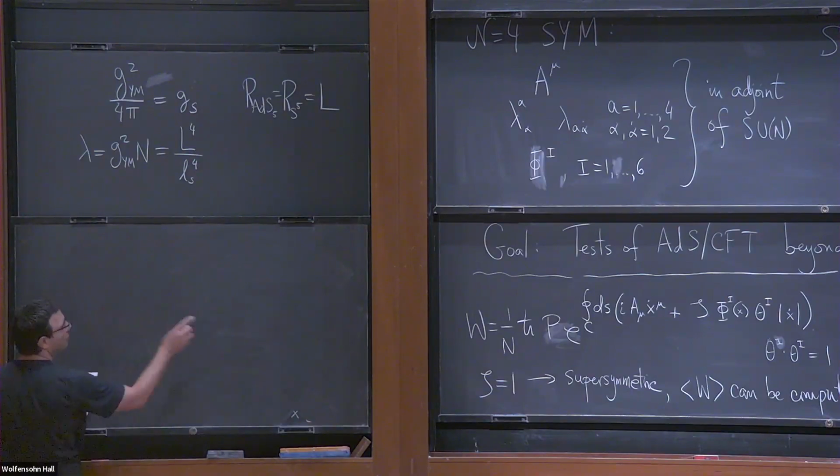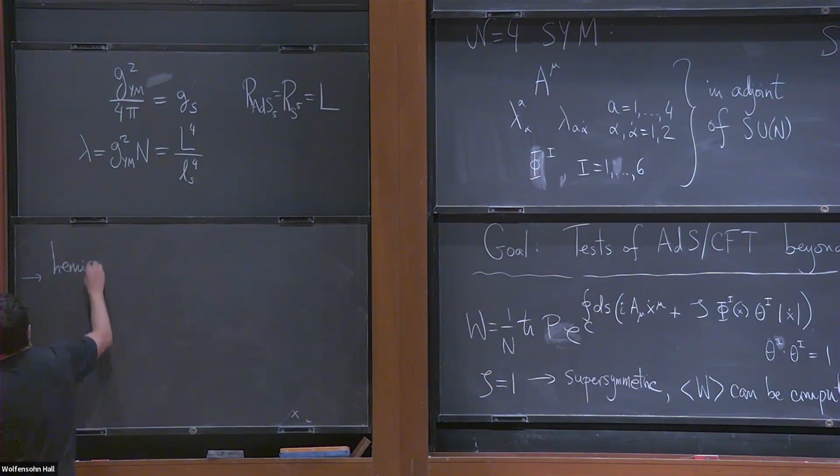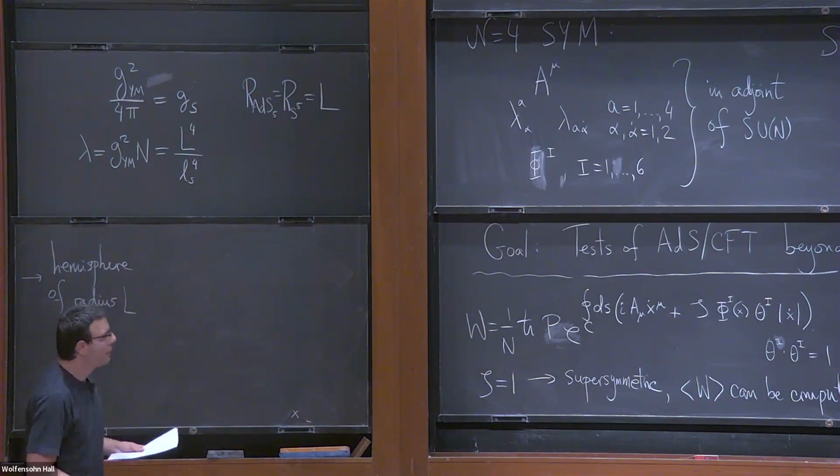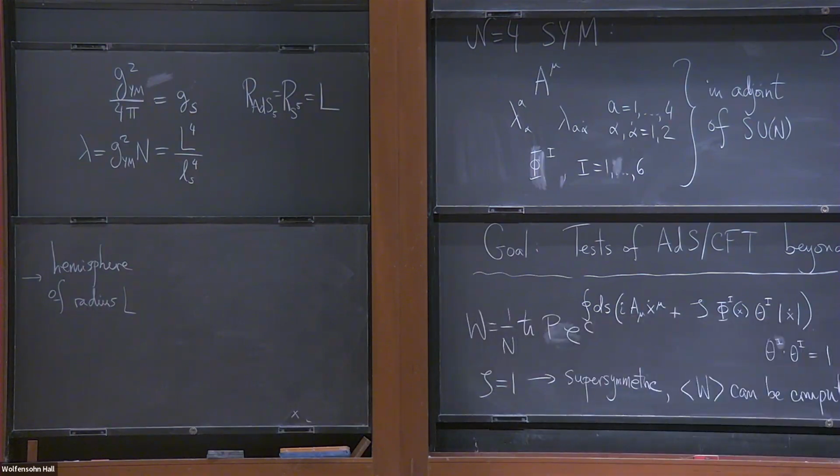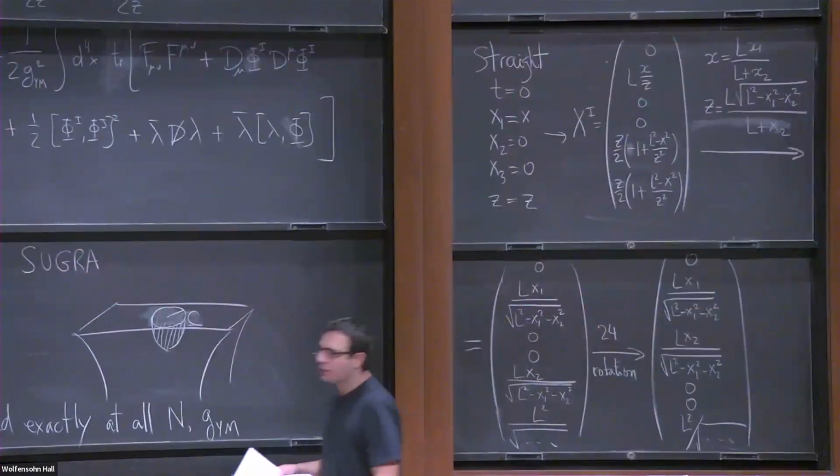So this is what we got there, a hemisphere of radius L. And then what we can do is another conformal transformation, which is a rotation in the last two coordinates, the 4 and 5 coordinates. That corresponds to a dilatation.